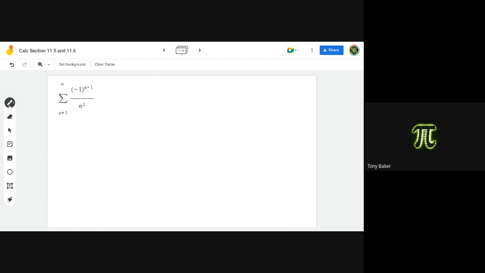If we look at this problem here and we take the absolute value of it, this is the same thing as saying 1 over n squared.